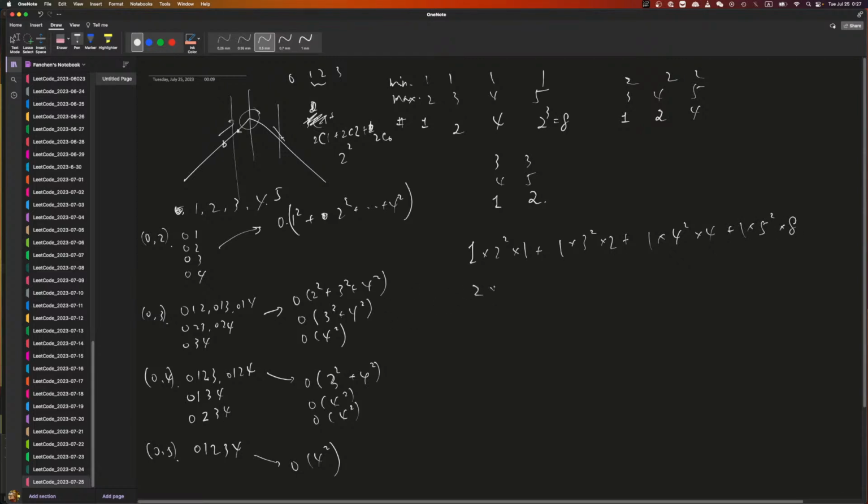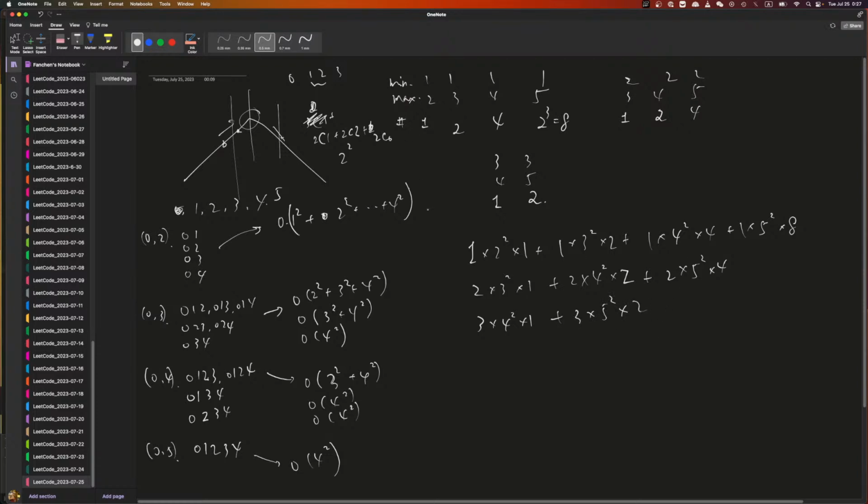And then 2 times 3 squared times 1. 2 times 4 squared times 2. 2 times 5 squared times 4. 3 times 4 squared times 1. 3 times 5 squared times 2. Okay?